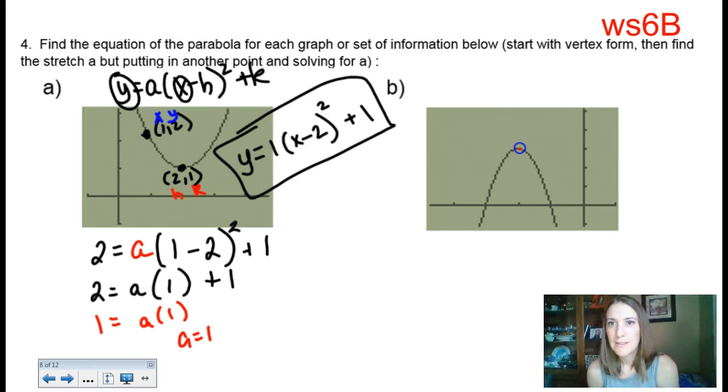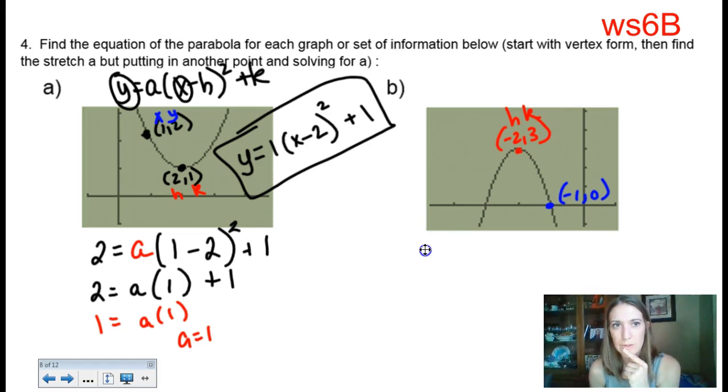The vertex is at negative 2, 3, it looks like. So there's your h and k. And then an ordered pair that I chose to use is this one right here, which is negative 1, 0. So going to my vertex formula, I'm going to plug in something for y, x, h, and k, leaving a unknown.